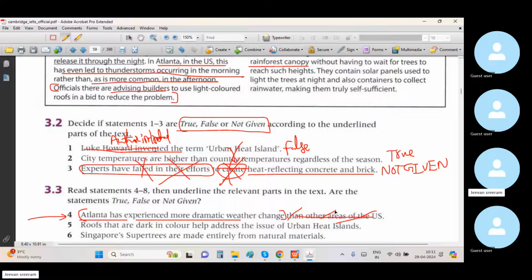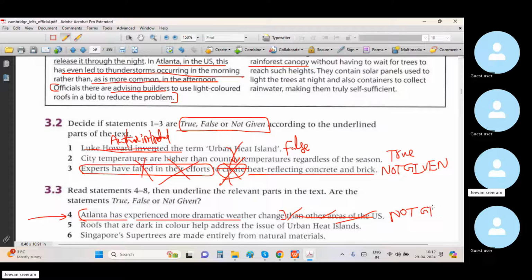But for comparison with other areas, there is no mention. The comparison between Atlanta and other areas was not given anywhere in the passage. Not given.